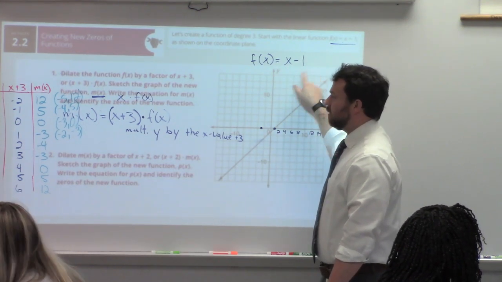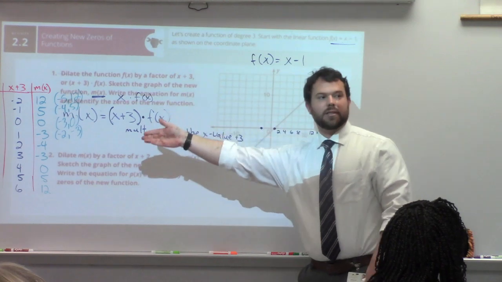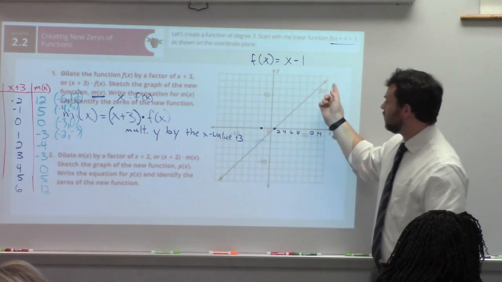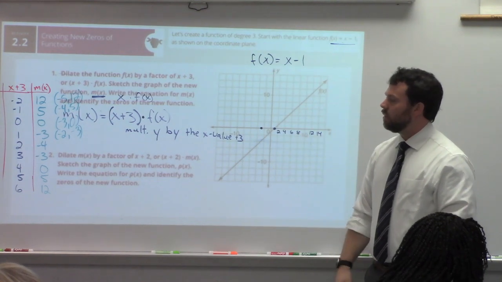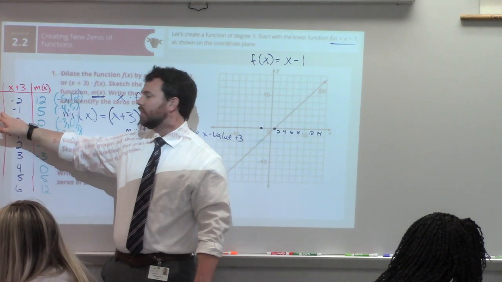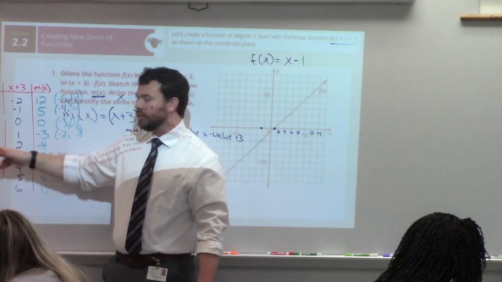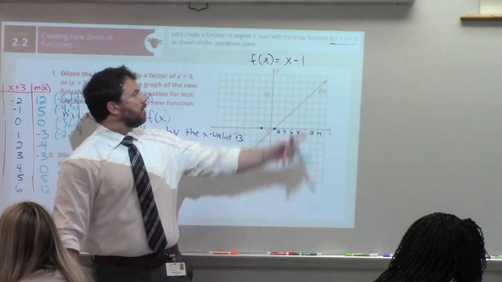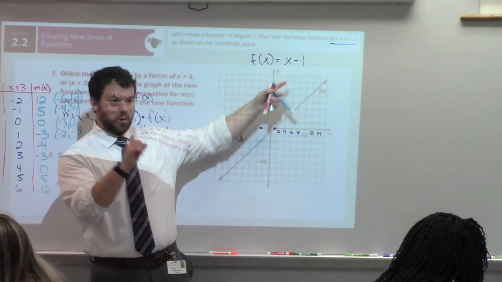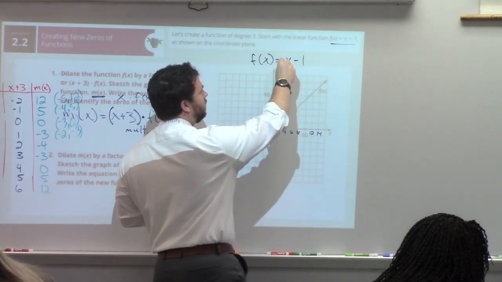Minus 1. Negative 5 minus 1 is negative 6. Negative 4 minus 1 is negative 5. You can also have just looked at the graph to find it. Once you get a couple of these, we do want to recognize what's the pattern that we should have seen here. It's adding 1. Because, hey, what's the slope of this line? The slope is 1, right? 1 times x.